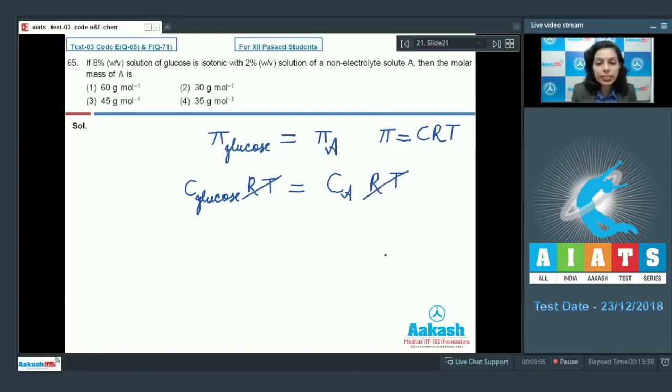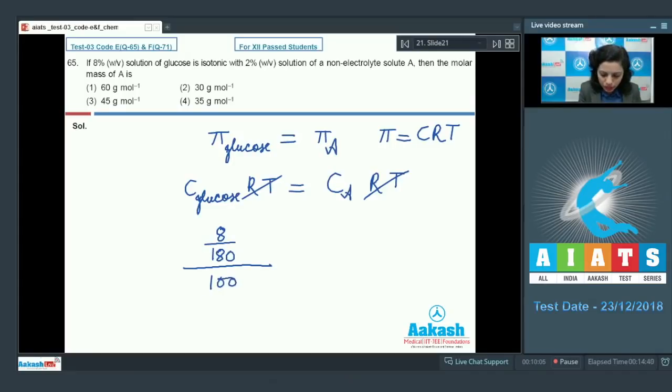These RT should be cancelled out. It means the concentration of glucose should be equal to the concentration of the solution of non-electrolytic solute A. Now, the concentration in terms of molarity we take here. If we consider that 8 gram of glucose we are taking, its mole we can calculate by dividing it by its molar mass. Further, it is divided by the volume of the solution.